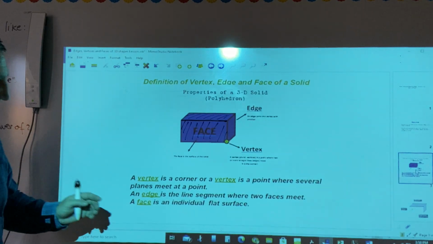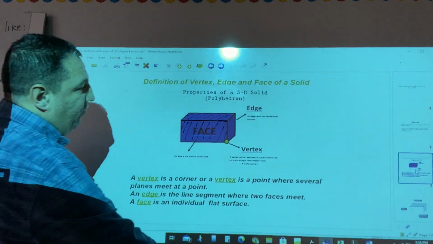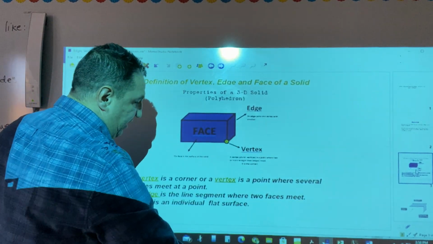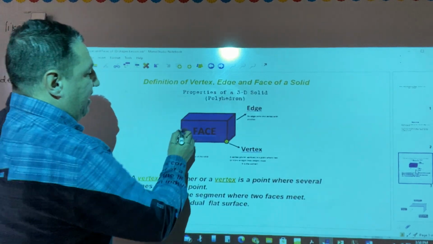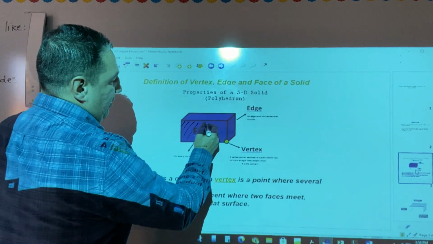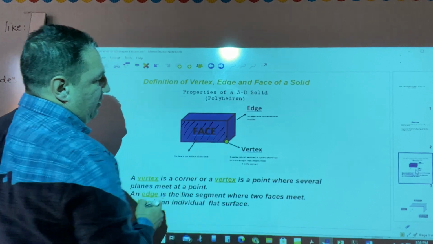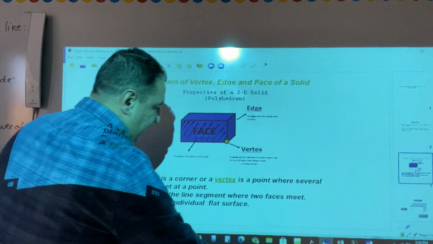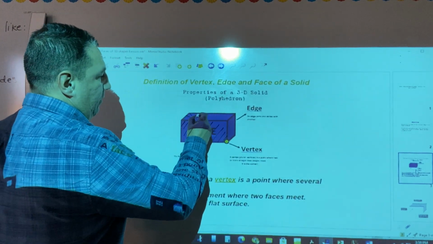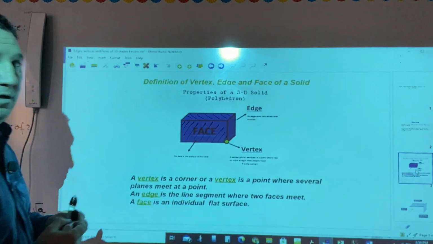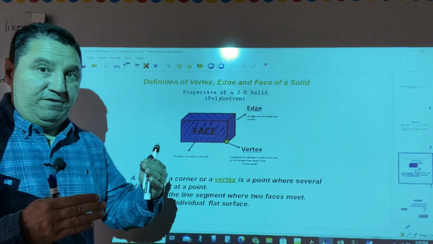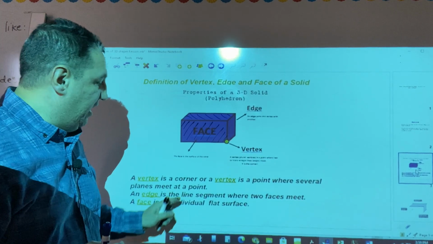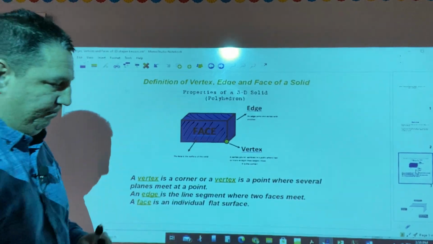And a face is an individual flat surface. Like this one, this is a flat surface. Another flat surface is this one. So any flat surface of a solid is called a face.